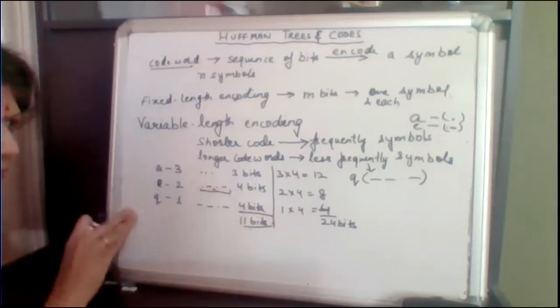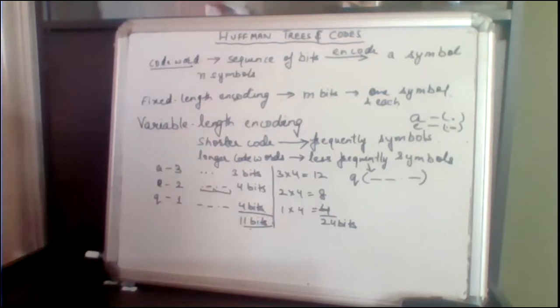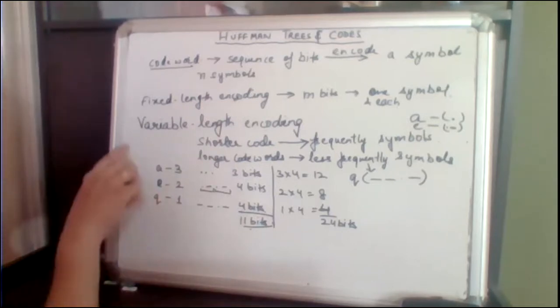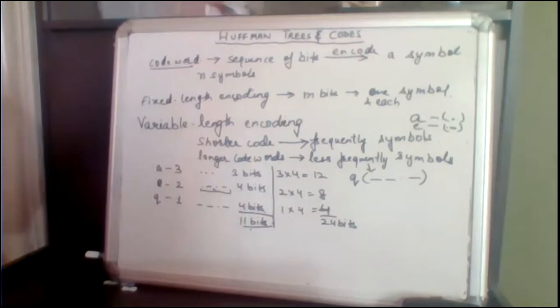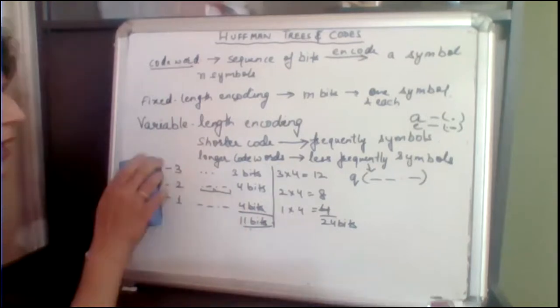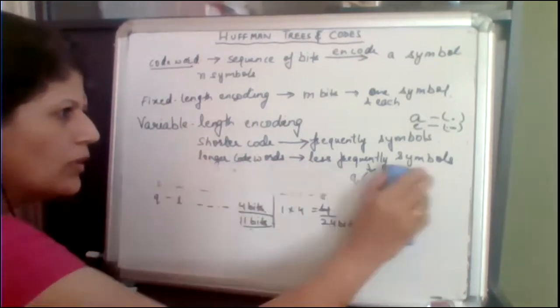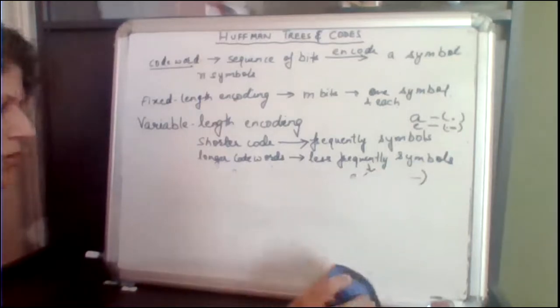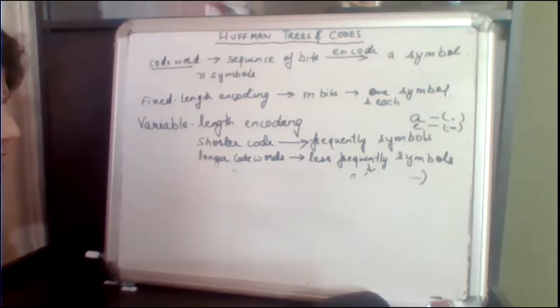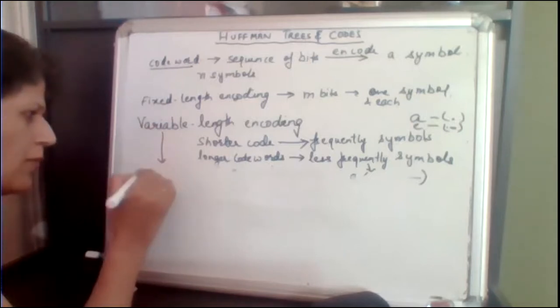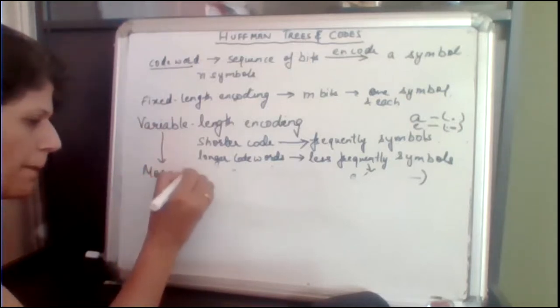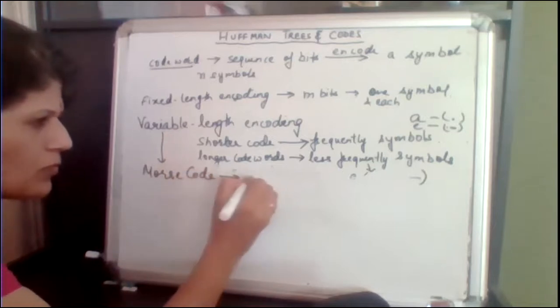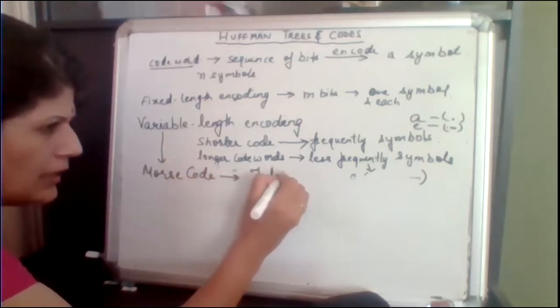So definitely a bit compression takes place when you are using variable length encoding, and this kind of encoding is known as Morse code, which was primarily used in telegraph code.